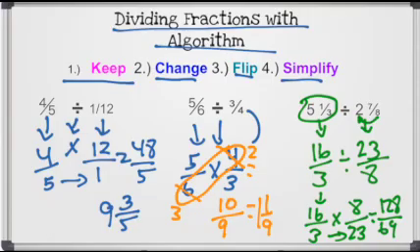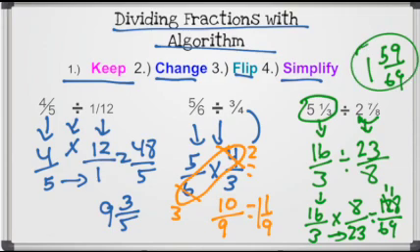Let's change this to a mixed number. I know I can't fit two groups of 69, so it'll be one group of 69, and the difference is, let's see. One and 59/69. You did it.